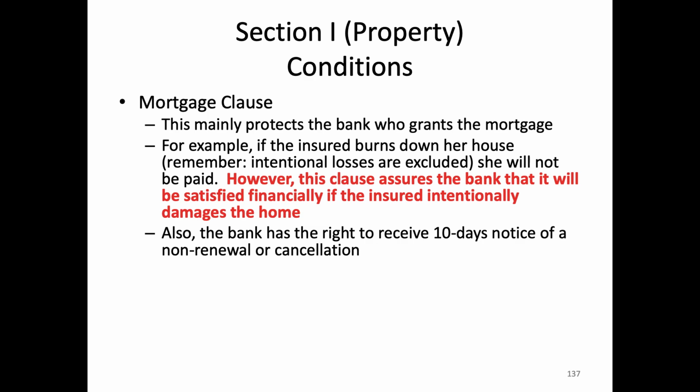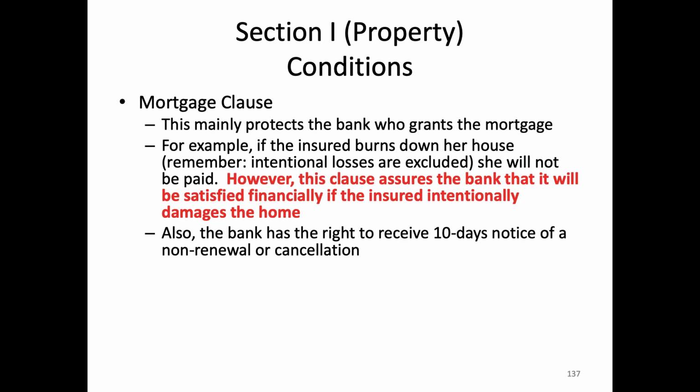Cancellation is when the insurance company decides in the middle of the policy year, like let's say the policy runs from July 1 to June 30th, they decide in October that they're going to cancel the insured. Let's say that they're getting like dog bite claims. So that's cancellation. It's in the middle of the policy year.